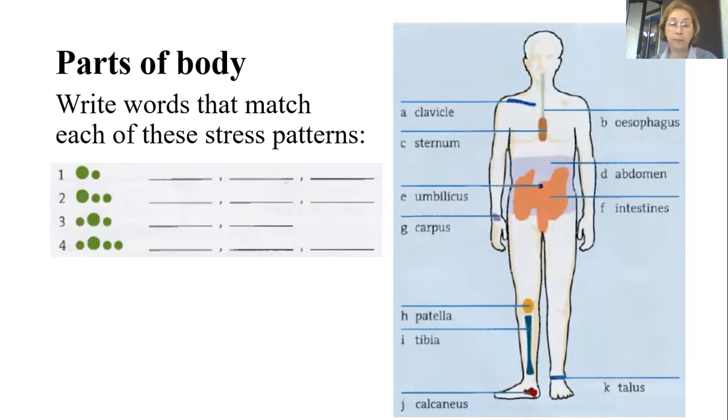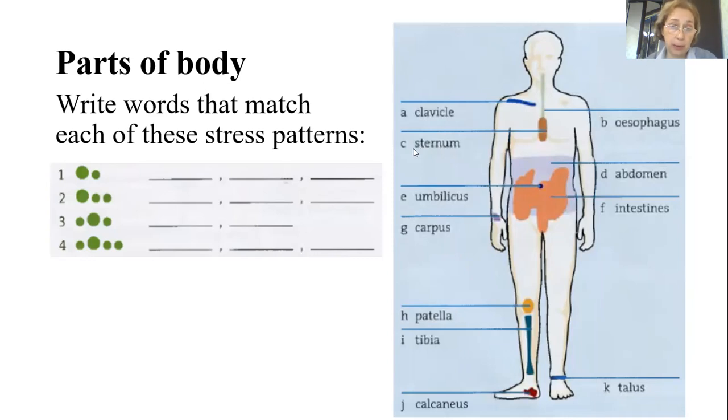Doctor, sorry, but I didn't understand what I can do. So, for example, the word sternum, yes? How many syllables are there? Sternum. How many syllables? You mean the number of letters? The number of syllables.